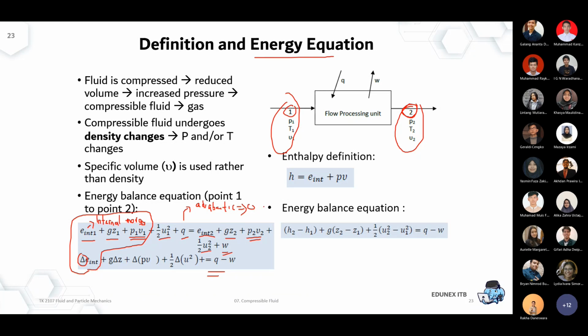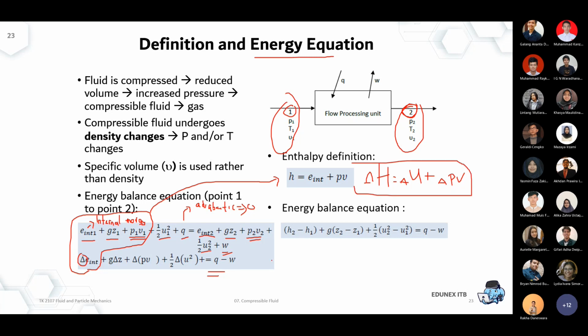So if you want to be more practical with what's more commonly measured, then we can convert the internal energy to enthalpy. This should be explained in thermodynamics: delta H, the enthalpy, is equal to delta U plus delta PV. That's the definition of enthalpy in thermodynamics.